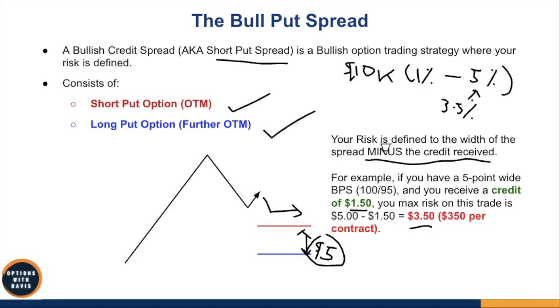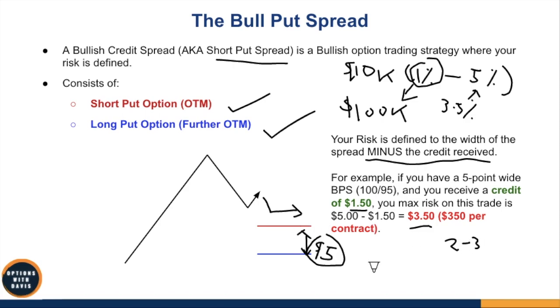If you have a bigger account, let's say a $100,000 account, then you're able to risk a smaller percentage because you have a bigger size and more room to play with. For example, if you want to risk 1% on a $100,000 account, that means your maximum risk would be $1,000 per trade. That means you can put on roughly 2 to 3 contracts of this bull put spread.